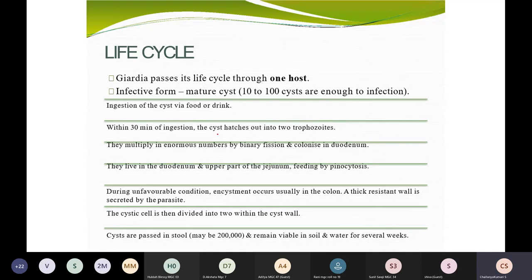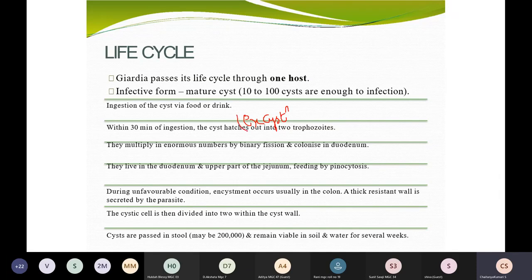Why is this happening? Why is the cyst converted into two trophozoites? We call this process excystation. You can also include some more points with another pencil, whatever is comfortable for you.